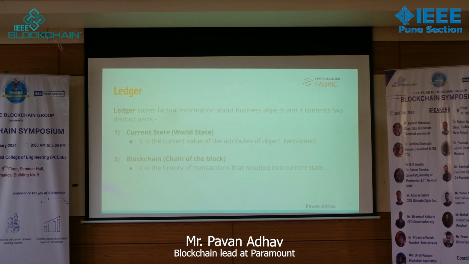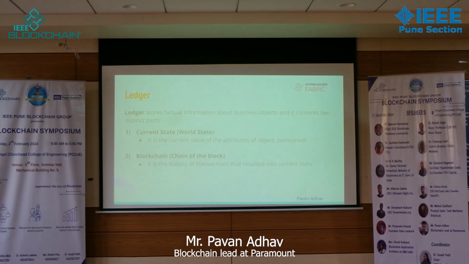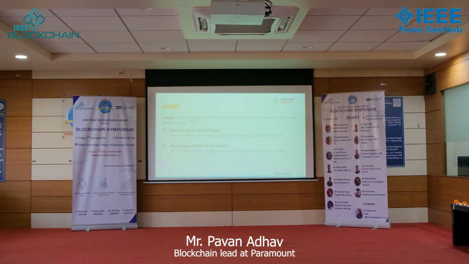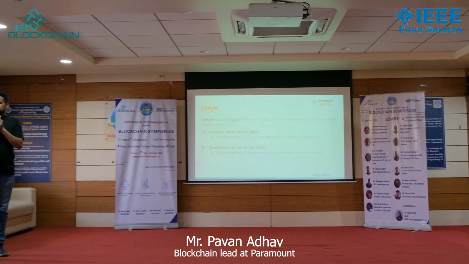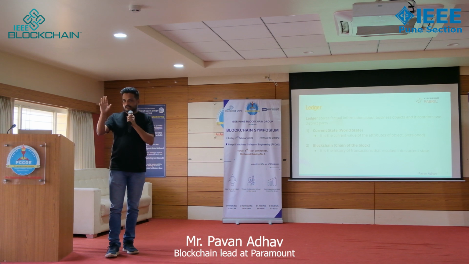So let's consider I created a contract C1 with parties P1 and P2, having an expiry date maybe after 1 week. Current state database will have that information. I created this agreement, and in the chain of blocks one transaction gets recorded, and the latest value will have this information.